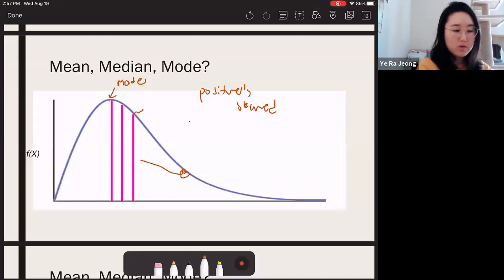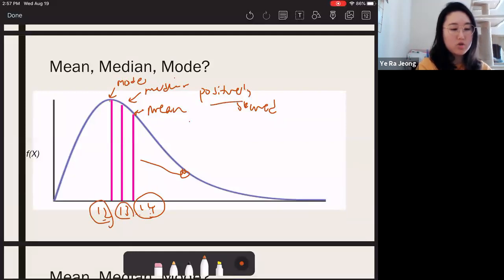So this one closer to the tail is the mean. And the one in between mode and mean has to be the median. So again, let's say mode was 12, median was 13, and mean was 14. If the mean is higher than the mode and median falls in between, then we know just by looking at these three numbers that the distribution is positively skewed.